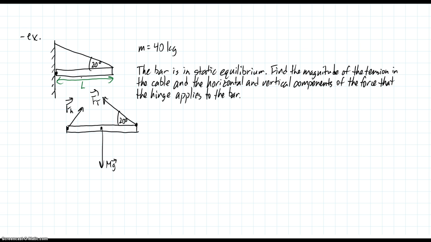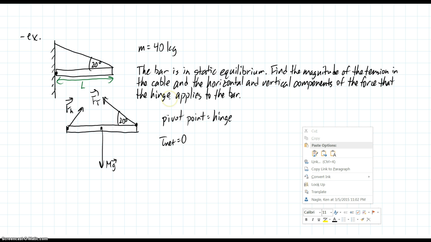There would be no way to solve for the tension without also involving the force from the hinge. So the easiest way to go about it is to say the pivot point is at the hinge, so that when we use torque net equals 0, we know again the hinge provides no torque around that pivot point.